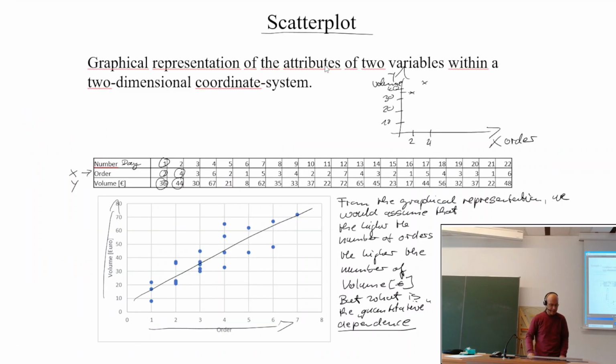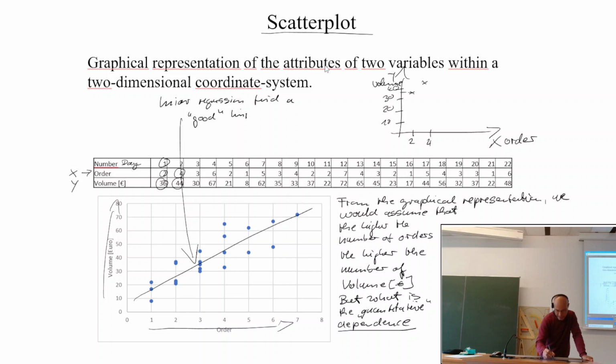Well, and if we go back to our first example, then what we want to do now is to find, for the linear regression, a, in quotation marks, good linear function in order to fit the data.